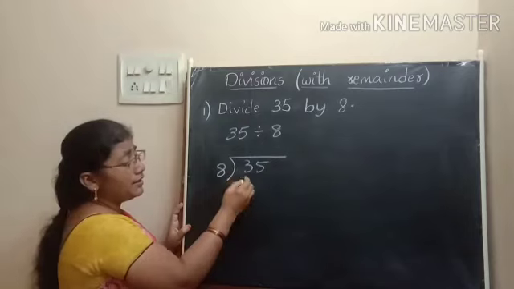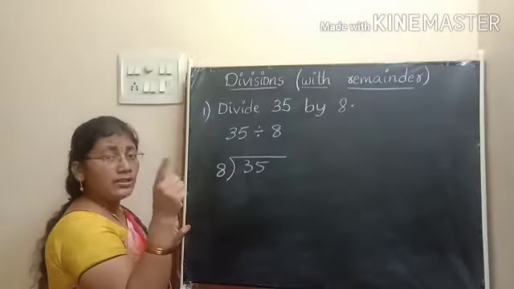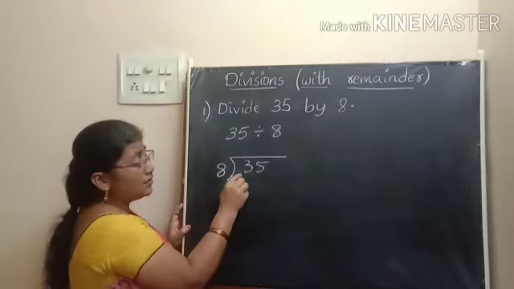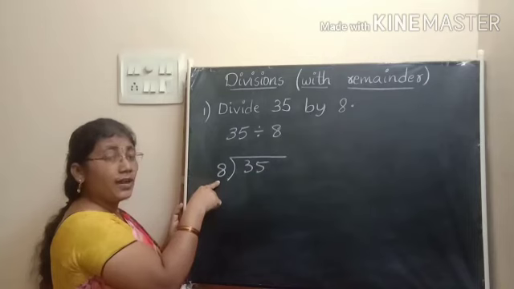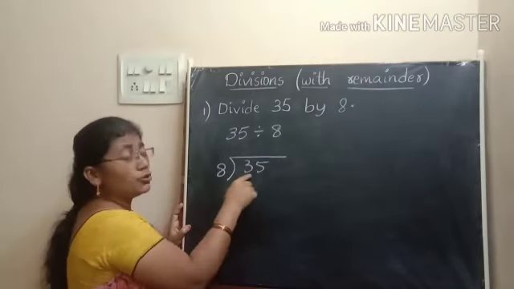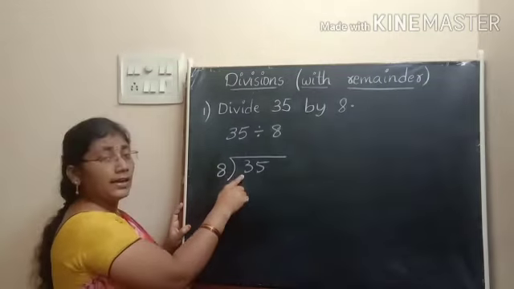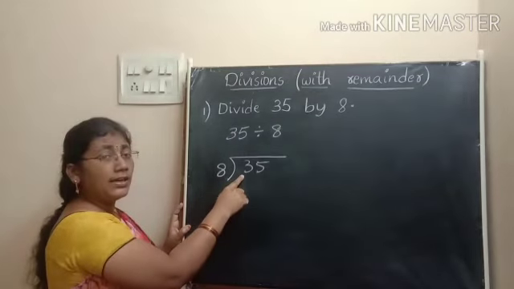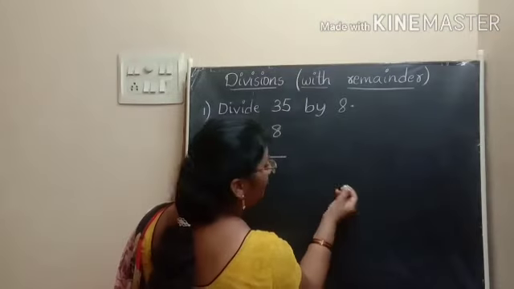Understood? Here the first digit is 3. Actually we have to consider only the first digit. But the first digit is less than divisor. That's why we are taking 2 digits at a time. Now we have to take 8 table till we get 35 as a product.